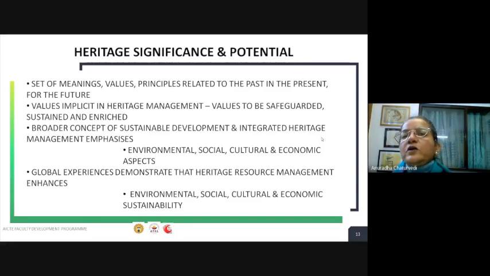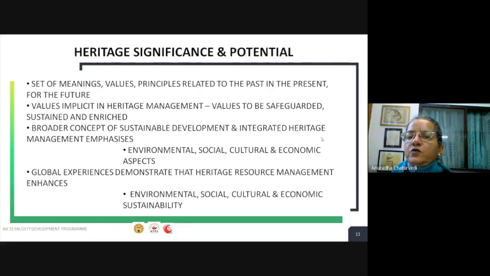So, when we look at broader concepts of sustainable development and integrated heritage management, there is an emphasis on the environmental, social, cultural, and economic aspects. It is not as if development is only considered as economic development, but the aspects of socio-cultural and environmental development are also taken into account.